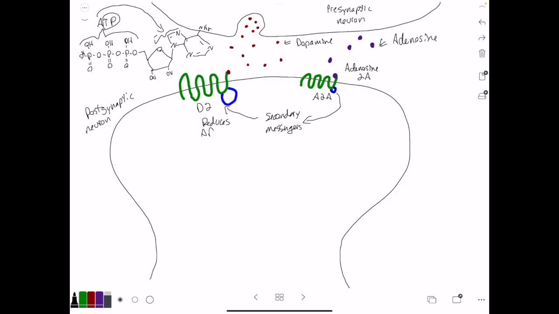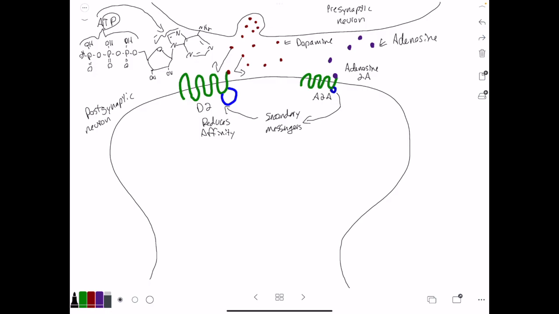Reduces the affinity. And so what that means is that dopamine is more likely to not bind to it. All right, so as dopamine is floating around, the D2 receptor just isn't going to hold on to it. The probability that dopamine will bind to it, given a certain concentration of dopamine, is reduced. Right, so its affinity is less.